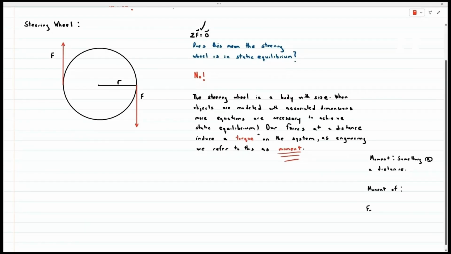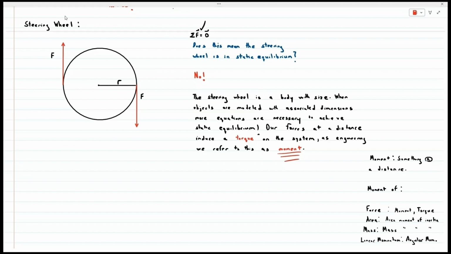As you go through the curriculum, you'll see various moments taken of different parameters. There's moment of force, there's moment of area or area moment of inertia, there's moment of mass, and there's even moment of linear momentum. The bottom two options, the mass and linear momentum, you'll see more in your dynamics course.